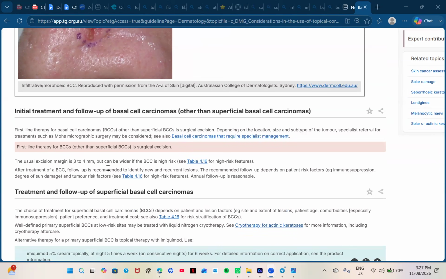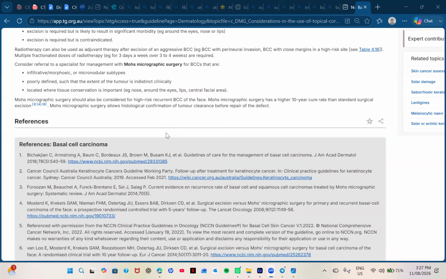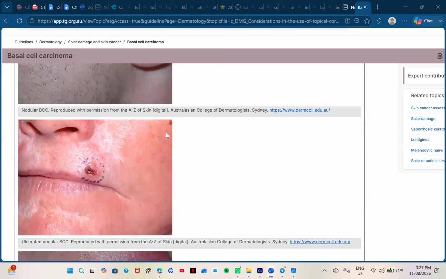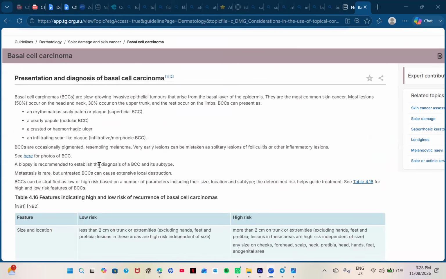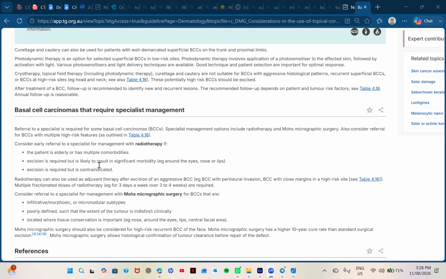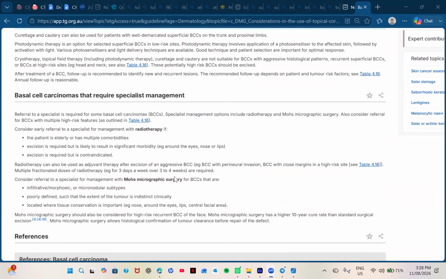I saw one doctor shared 3 to 4 millimeter for the melanoma, okay? But it's associated with basal cell carcinoma. For basal cell carcinoma, you need to understand other things as well, when to go with other options like micrographic surgery.